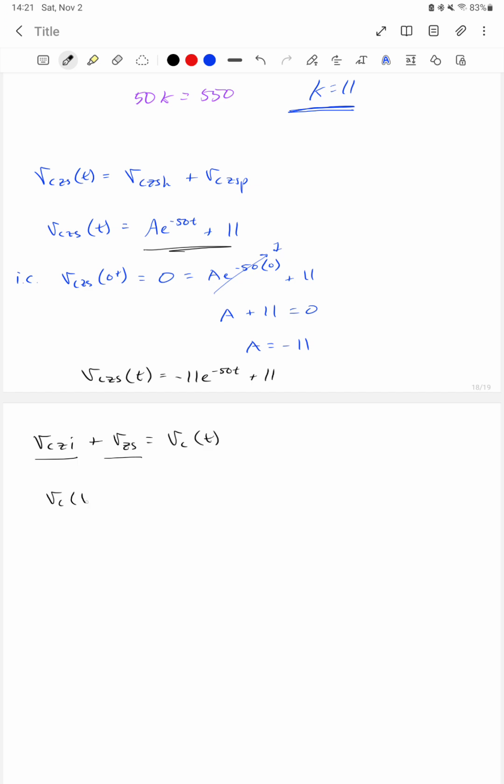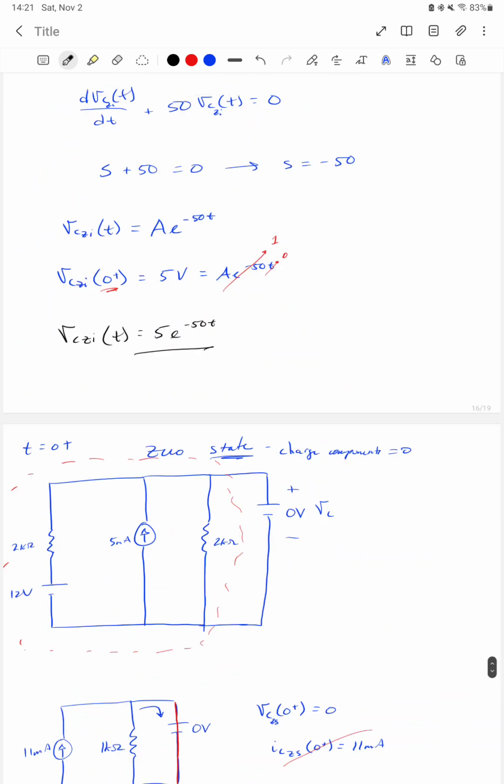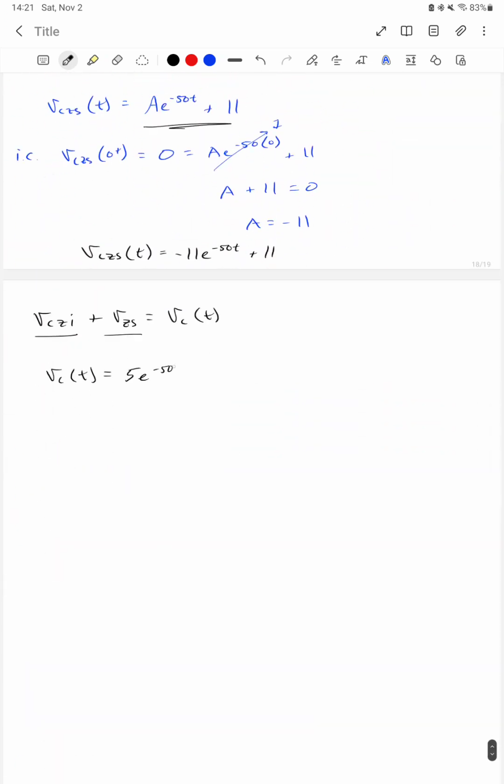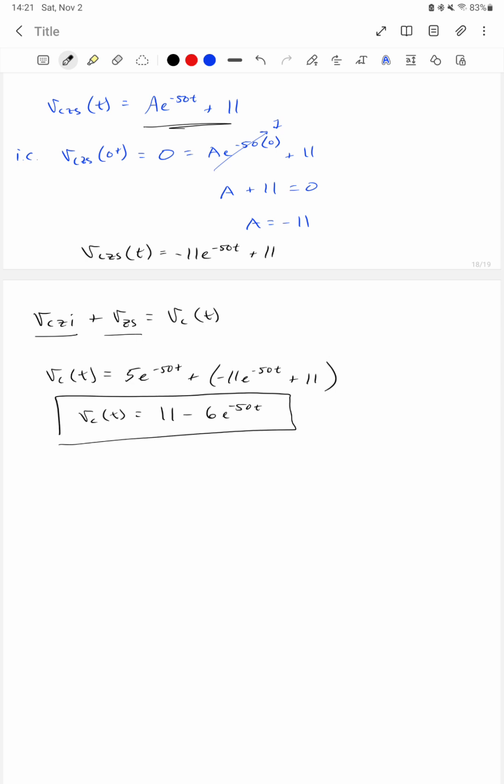So your VC of t is equal to, what was it at the beginning, 5? This right here. So 5 e to the negative 50t plus, well, we can just put negative 11 e to the negative 50t plus 11. Which is going to come out to VC of t is equal to 11 minus 6e to the negative 50t. Okay? So this should be the final solution to our problem, which it is, and this is correct.